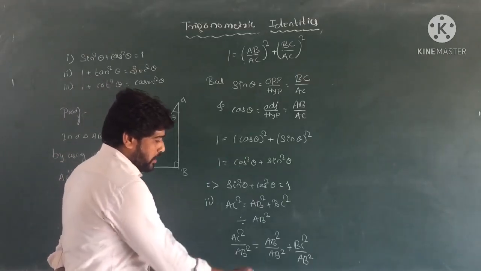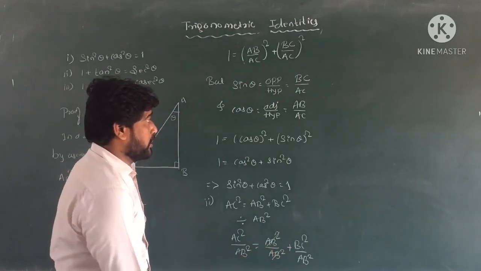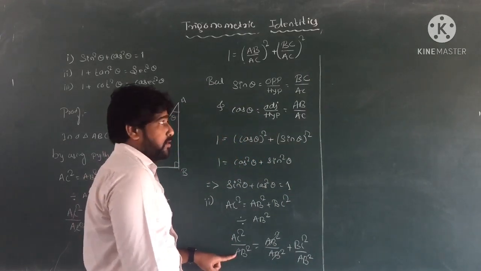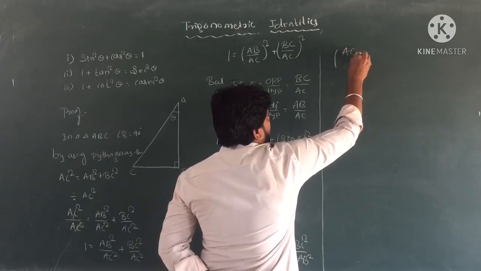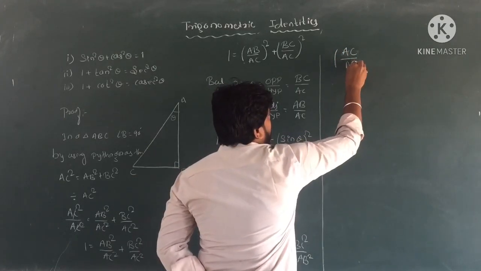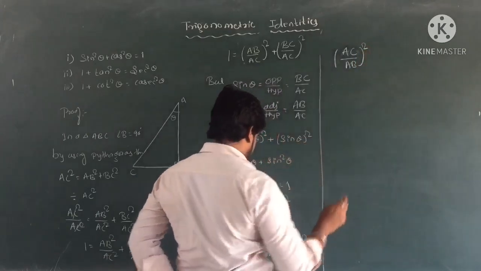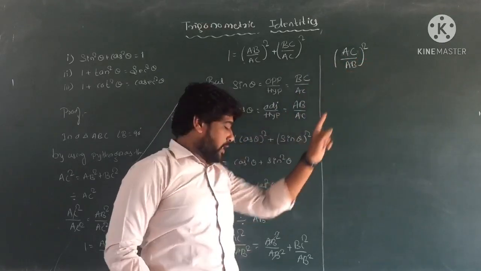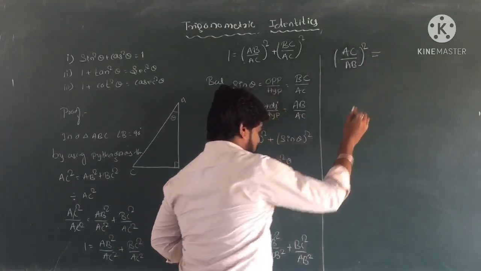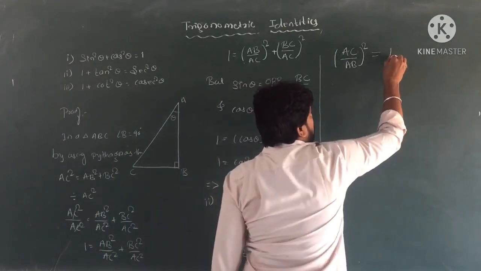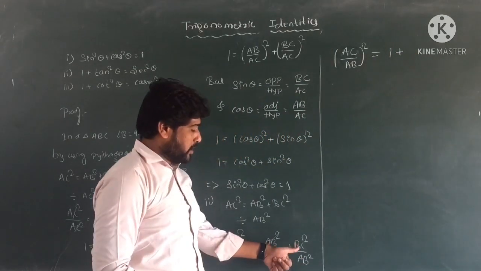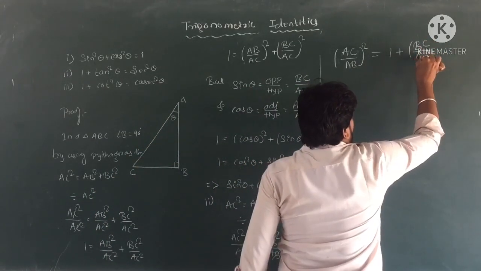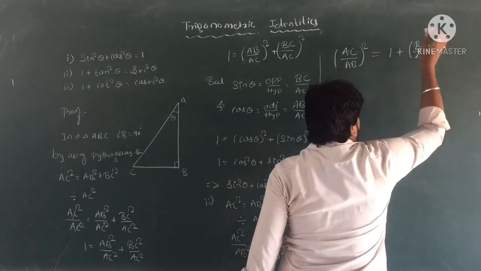Right? So here AB square gets cancelled. AC square divided by AB square we can write as (AC divided by AB) whole square, equal to 1 plus (BC divided by AB) whole square.